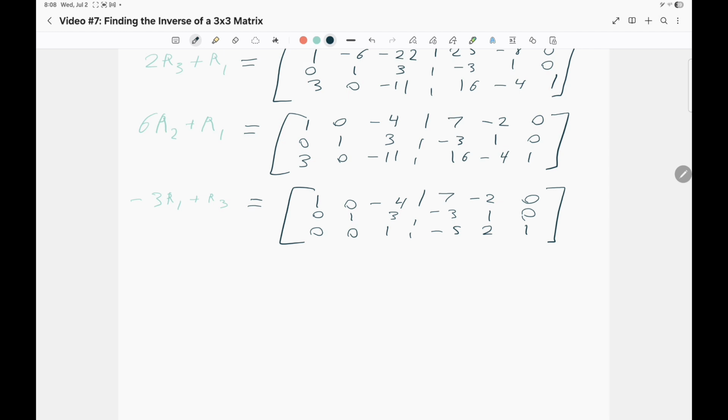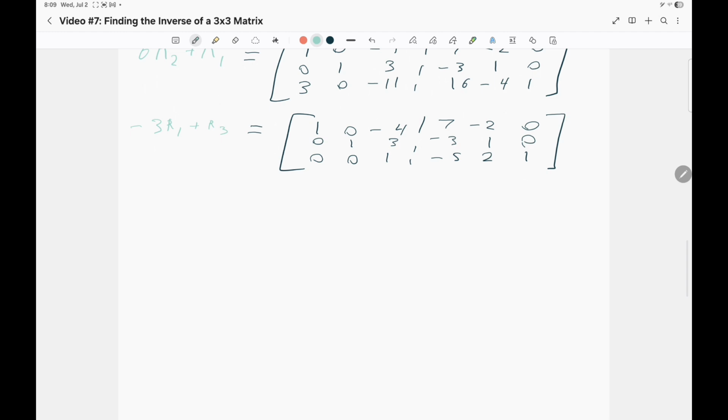Great. But now we want to worry about the other rows, right? We only need 2 more row operations. You'll see how I know that in a second. We're going to do 4 times R3 plus R1. Ooh, look at that.